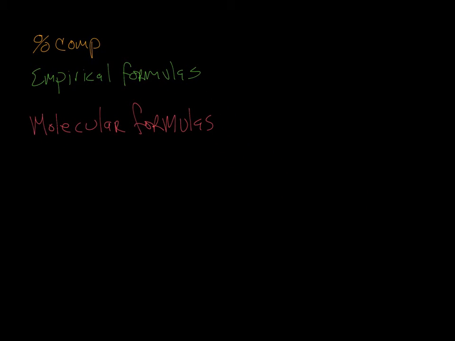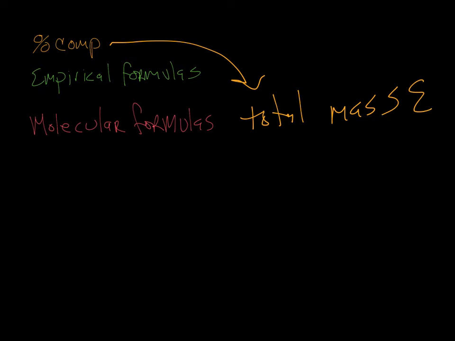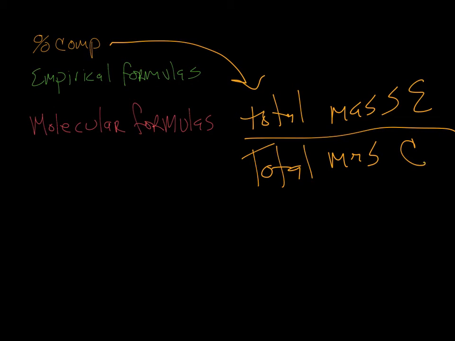So, percent composition is basically the total mass of an element divided by the total mass of the compound, and then you multiply by 100 to get the percent.